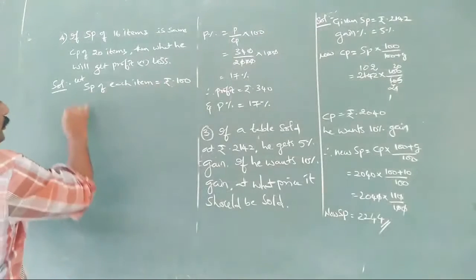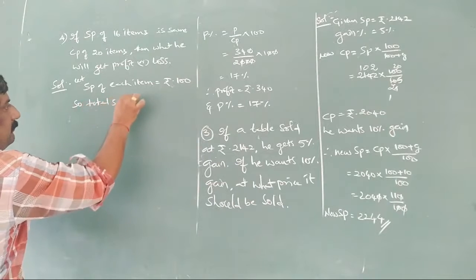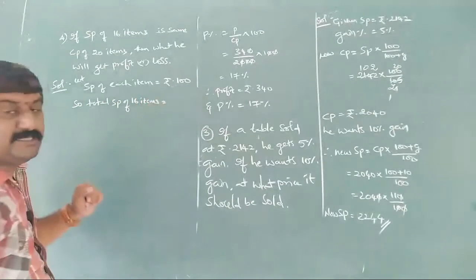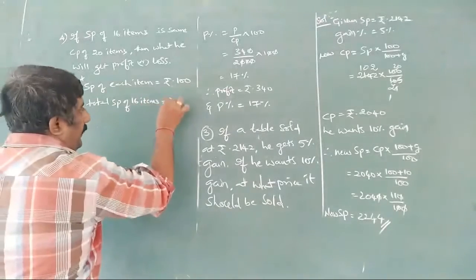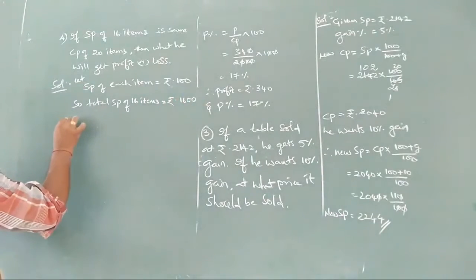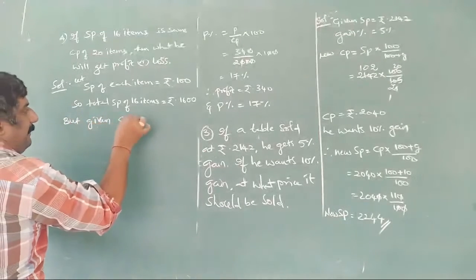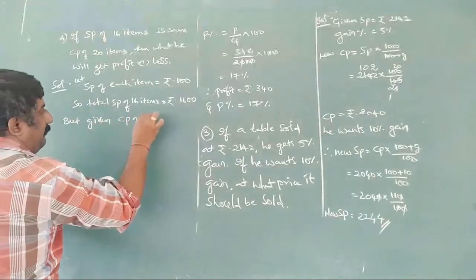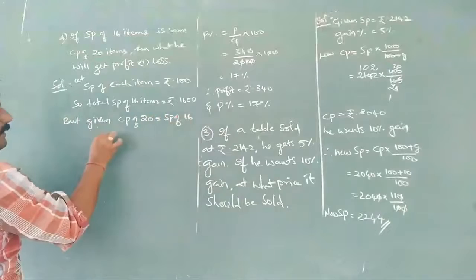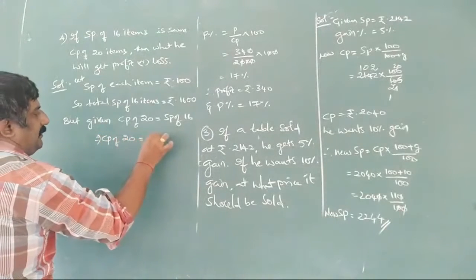So total SP is 16 into 100, which is rupees 1600. But given CP of 20 is equal to SP of 16, so CP of 20 is equal to 1600.